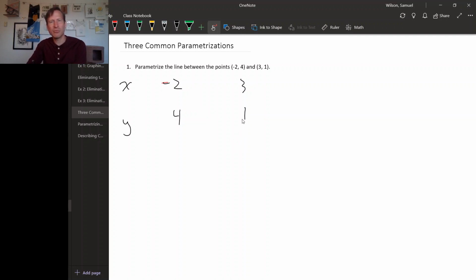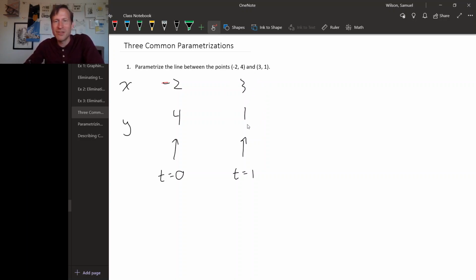What we're going to do is use our parameter to start with these first coordinates being on, at t equals 0, and then as t increases to 1, we're going to turn on the second pair of coordinates and turn off the first pair of coordinates. So it's actually easier to start with the second pair of coordinates.